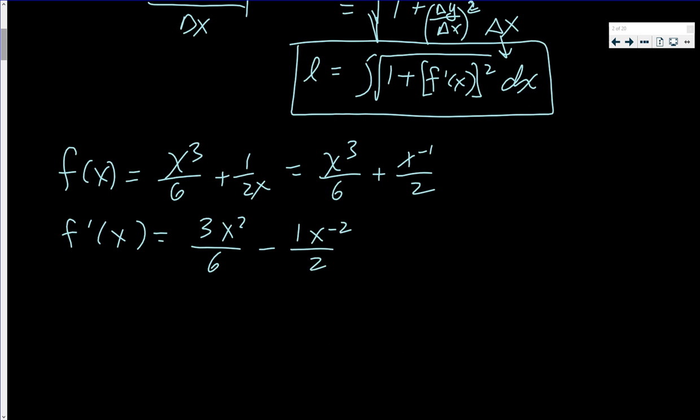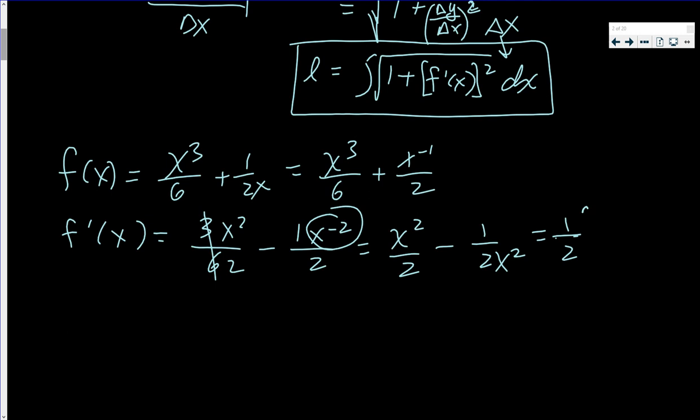The 2 stays there. And then you get x squared over 2, because 3 goes into 6 2 times, minus the 1/2 times that in the numerator. But if I put it in the denominator, it becomes that. And this is factoring out the 1/2. This is 1/2 times (x squared minus 1 over x squared).